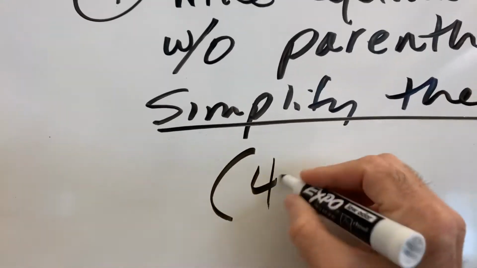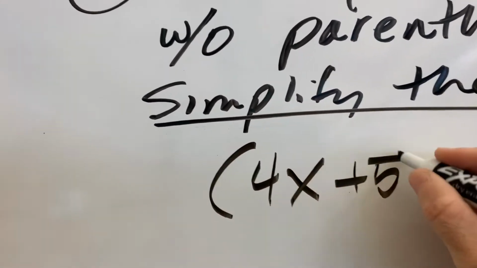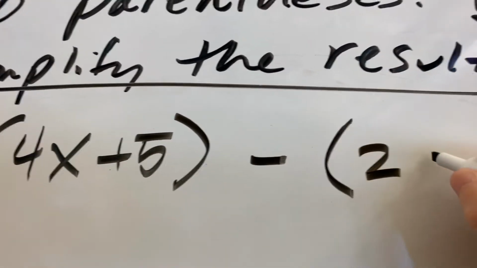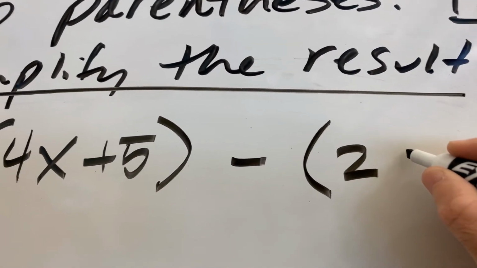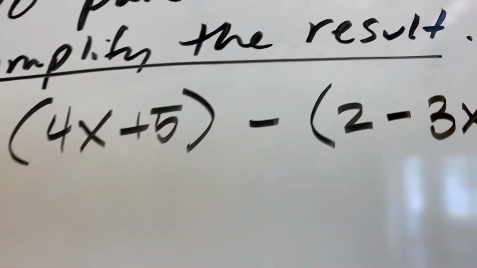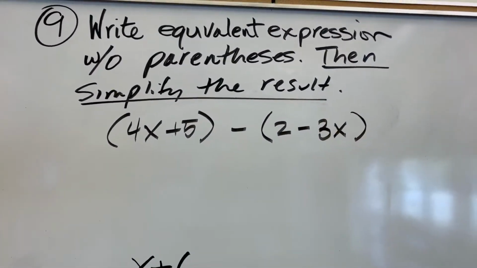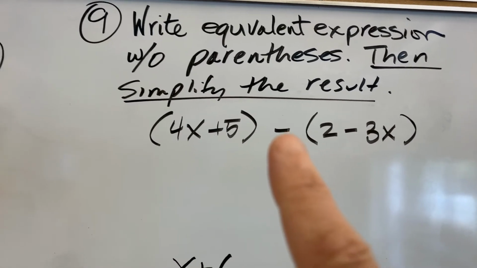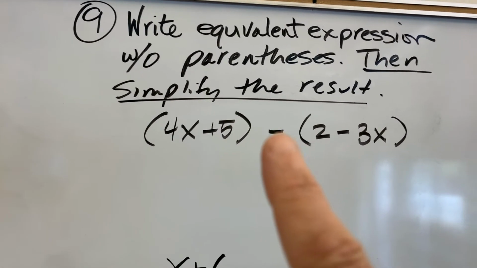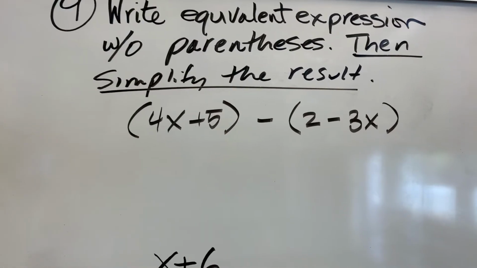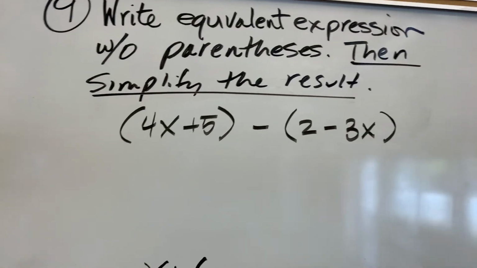How about we do that problem? Now, on the last problem that we saw of this nature, we said this was positive 1. But you can tell that's not going to be a positive 1. We're going to work with negative 1. Or you can call it the opposite of.